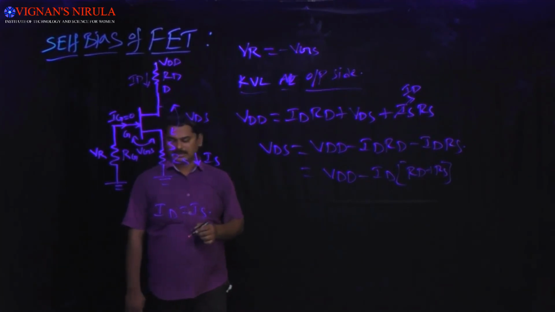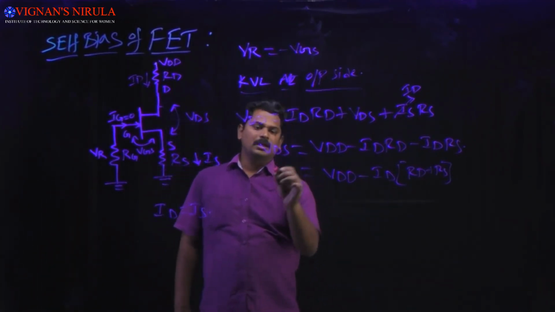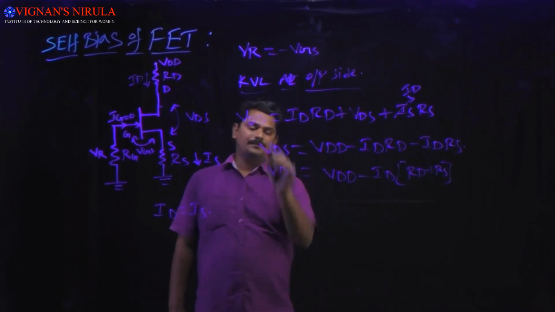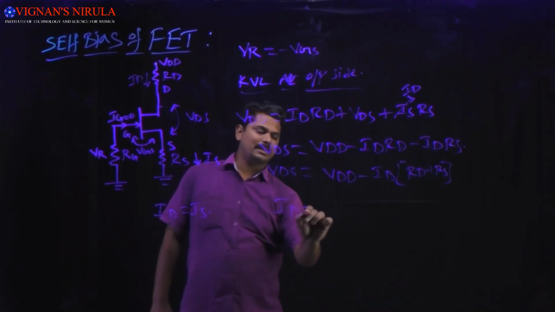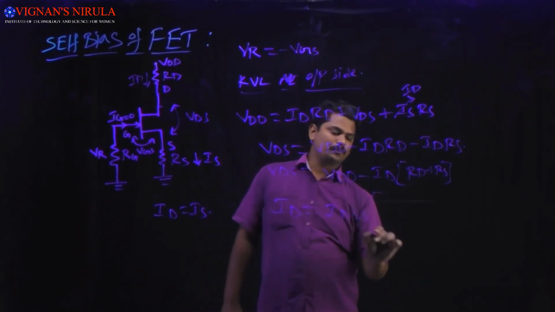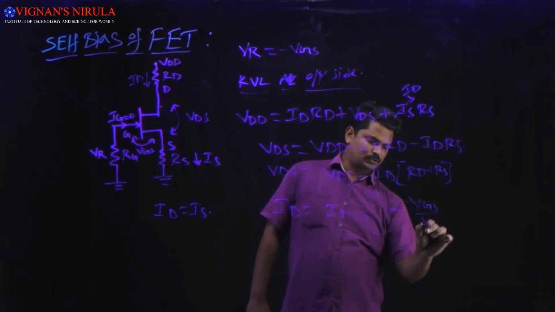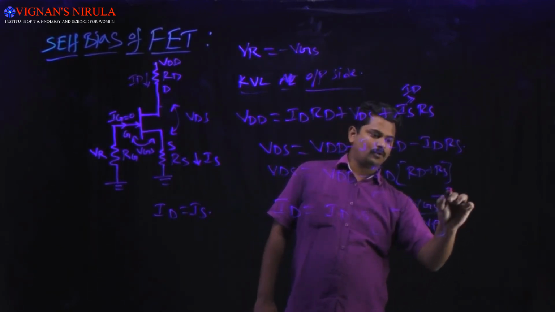And if you see the current equation for field effect transistors, we know that the drain current is equal to IDSS into (1 minus VGS by VP) whole square.